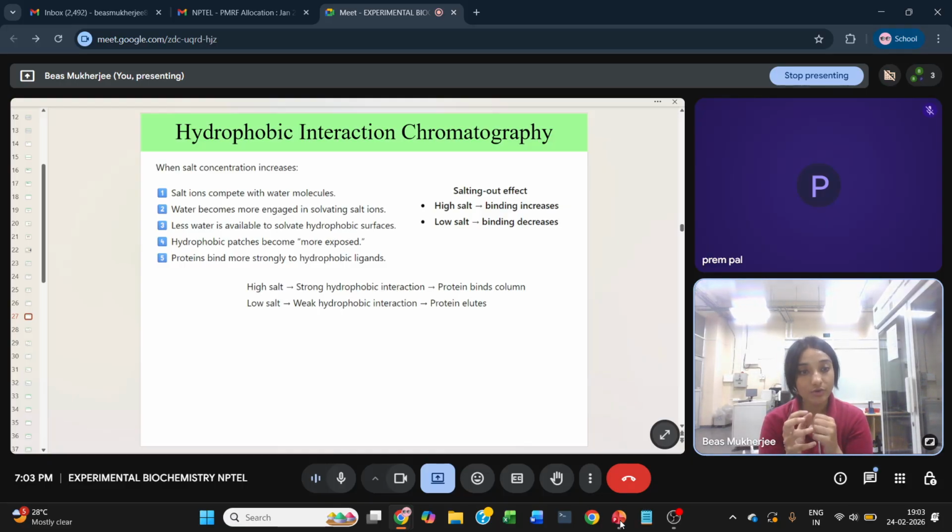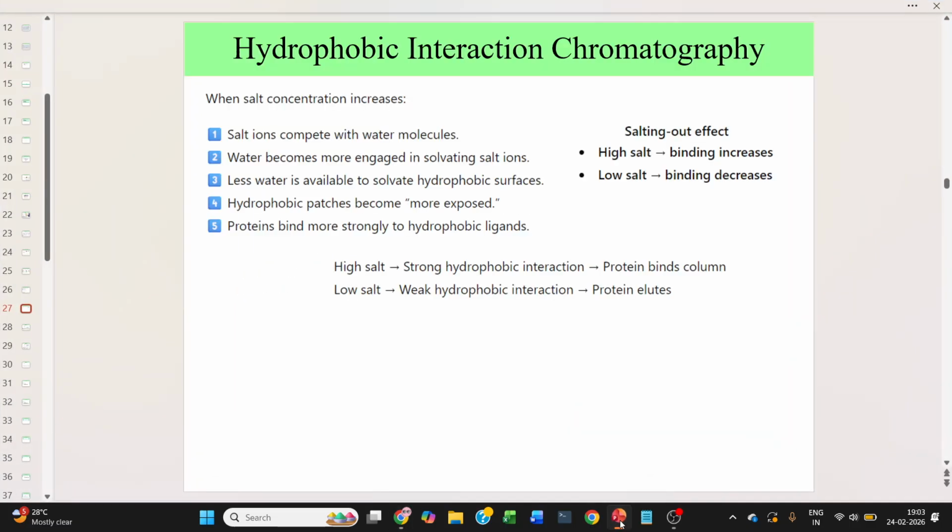This is called the salting out effect. So it is helping protein-ligand interactions rather than protein-water interactions. High salt means binding increases, low salt means binding decreases. High salt means strong hydrophobic interactions, and the protein binds to the column. Low salt means weak hydrophobic interactions and proteins elute.